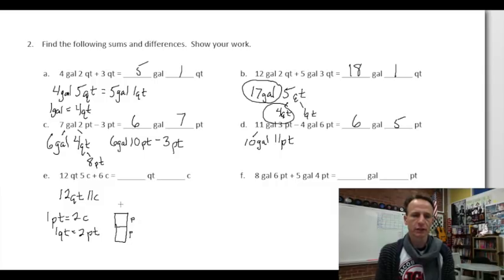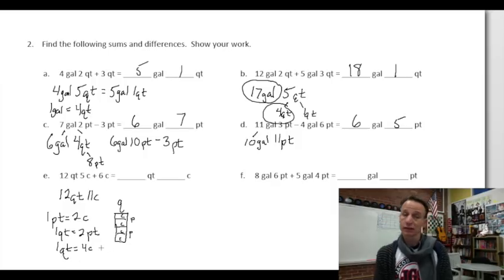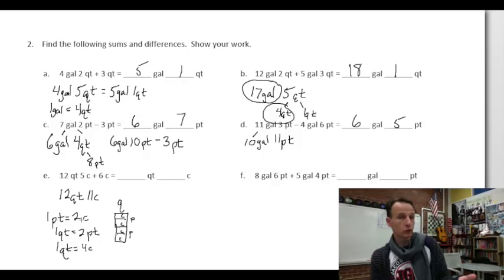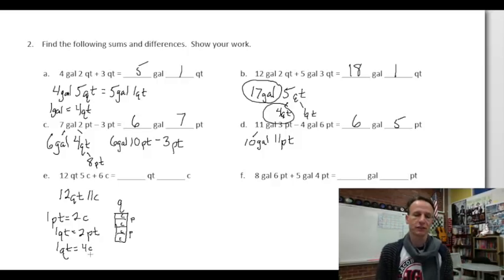So the whole thing is a quart made up of 2 pints. And then each of those pints is made up of 2 cups. So that means 1 quart equals 4 cups. You see that right there in our little drawing? And of course we could do 2 times 2, our conversion factors, to get 4.